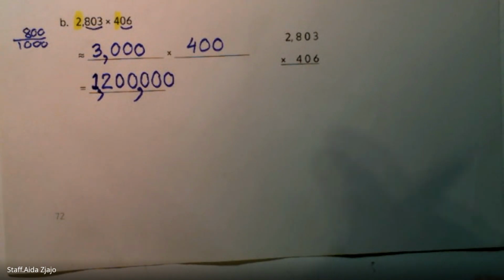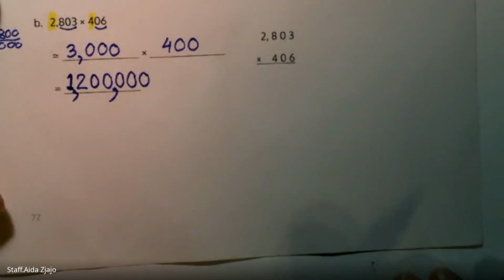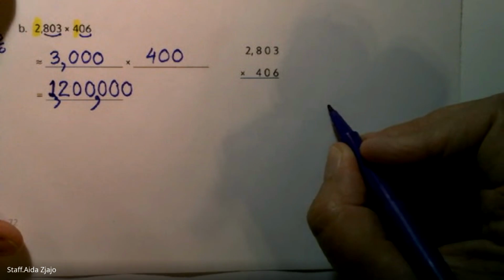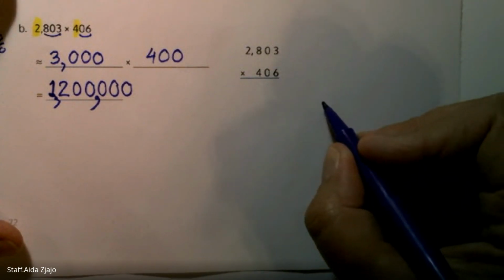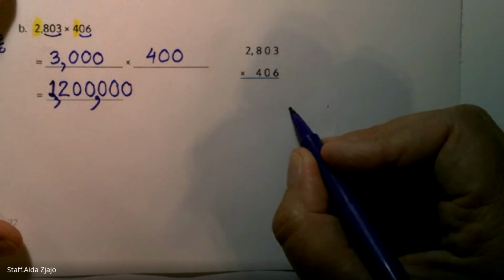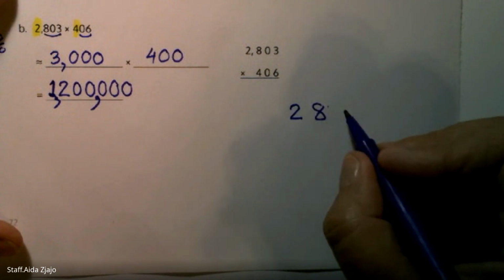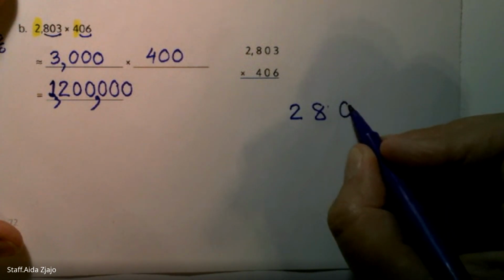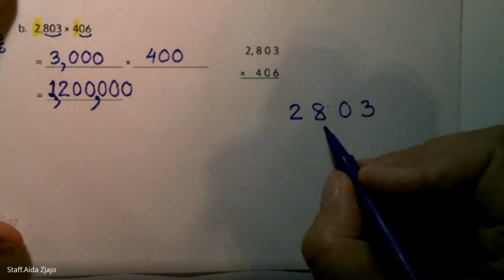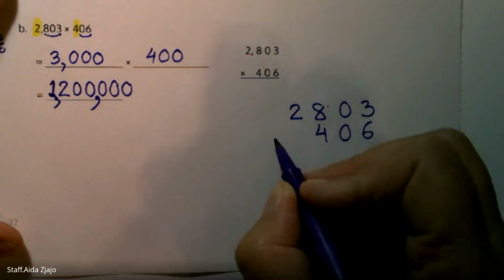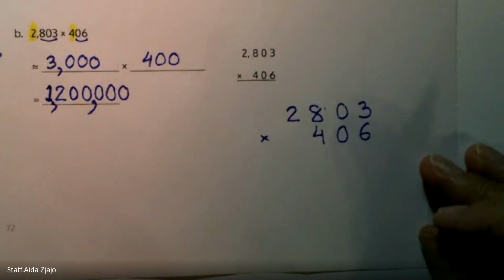I am going to again rewrite the numbers, so it will help me to do the calculation better. So I'm going to start here, 2803, and I'm not putting a comma, times 406. All right, underline.